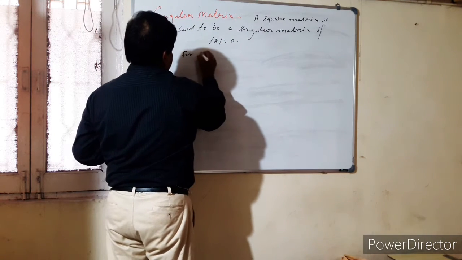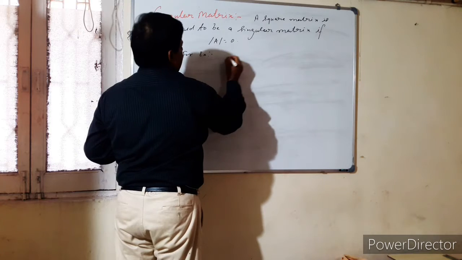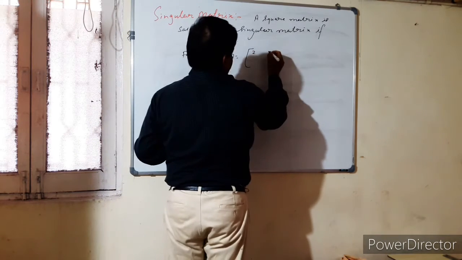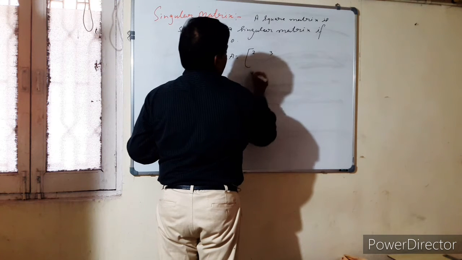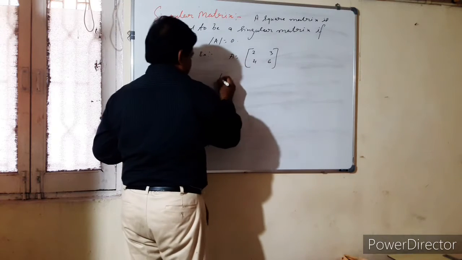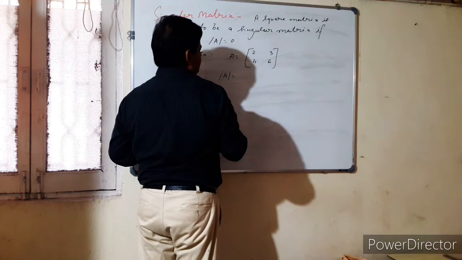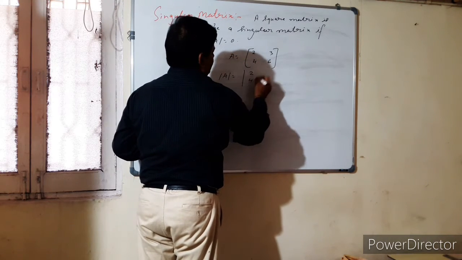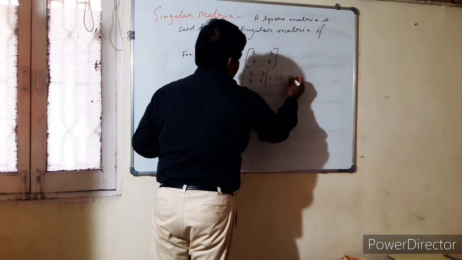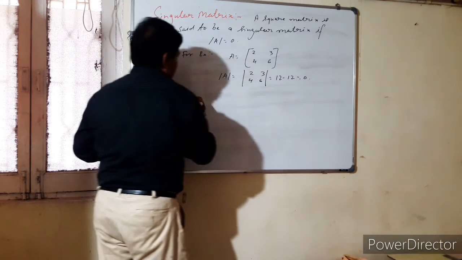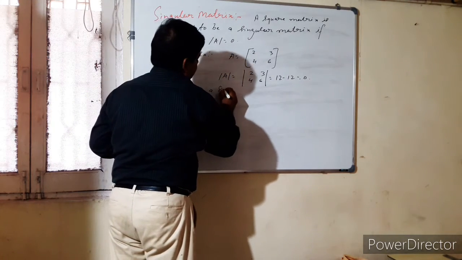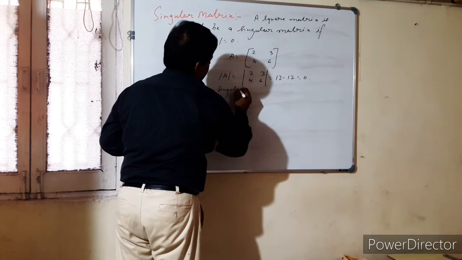For example, suppose A is a square matrix 2, 3, 4, 6. So determinant A is equal to 2 times 6 minus 3 times 4, equal to 12 minus 12 equal to 0. So it is a singular matrix.